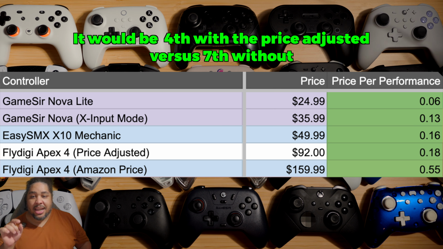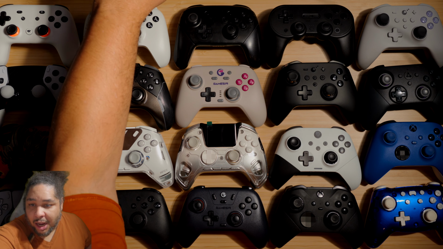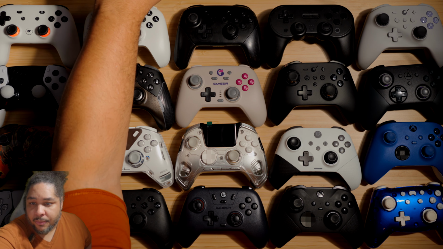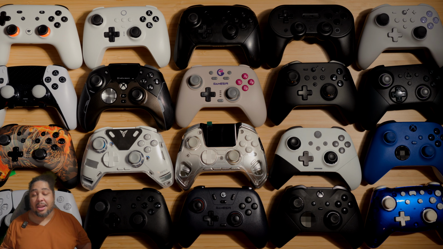Technically, if we consider the entire chart, it is, if I'm not mistaken, top tier. It's pretty much neck and neck with the X10 Mechanic in terms of price per performance. So the FlyDigi Apex 4 is also a no-brainer of a controller, one that you should definitely consider. Just a good product overall.